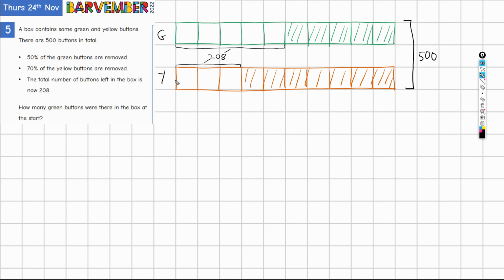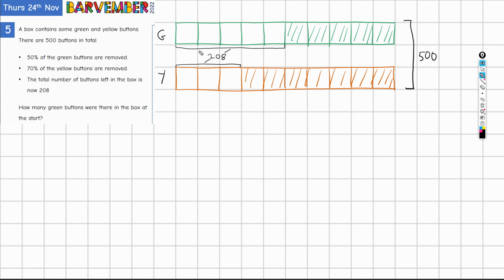These are the green ones. I don't know how many green buttons are represented by each of these parts, and I don't know how many yellow buttons are represented by each of these. What I do know is they're likely to be different. So what do I do? What I need to do is to find a value that I can attribute to just some green parts or just some yellow parts. That's what's going to help me.